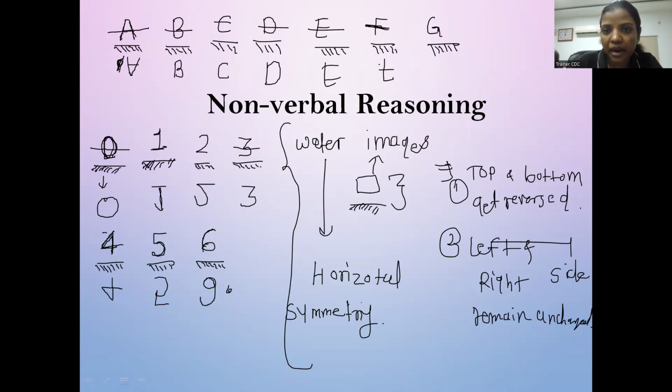What about G? How will G look in the water image? So we know that this part is coming near to the water. So this part I can draw first. Correct. And then from here, it will look something like that. No. Mm, it is going away, right? So from here, it will look like this.